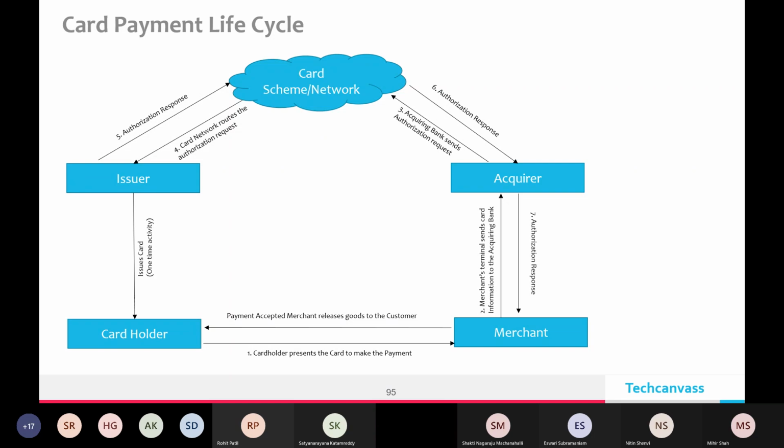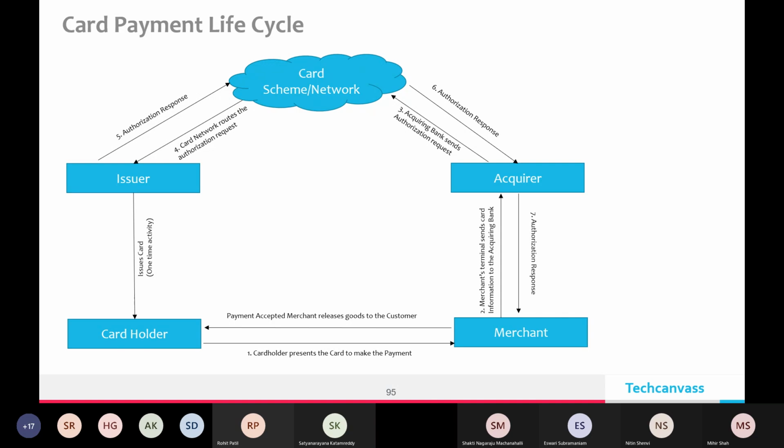They take that entire thing, and then they find out which issuing bank has to pay what amount, and that's called the clearing information, where the card network consolidates all the payment requests that have come to it. So it consolidates and finds out which issuing bank or financial institution has to pay what amount, and then it sends the information to the issuing bank.